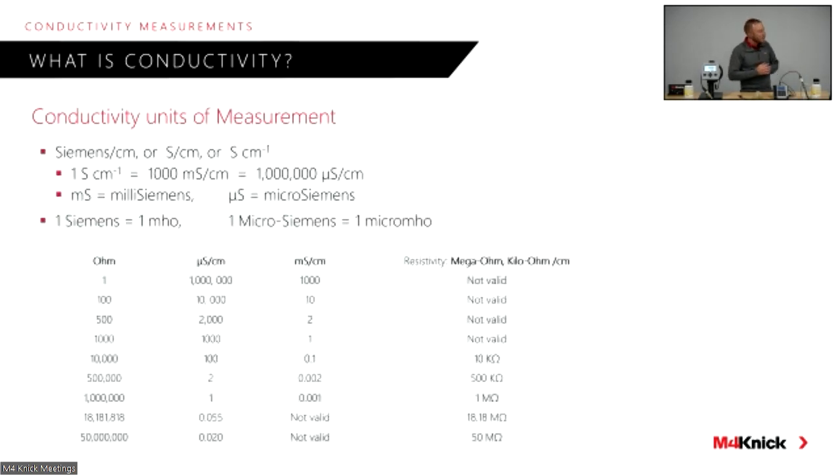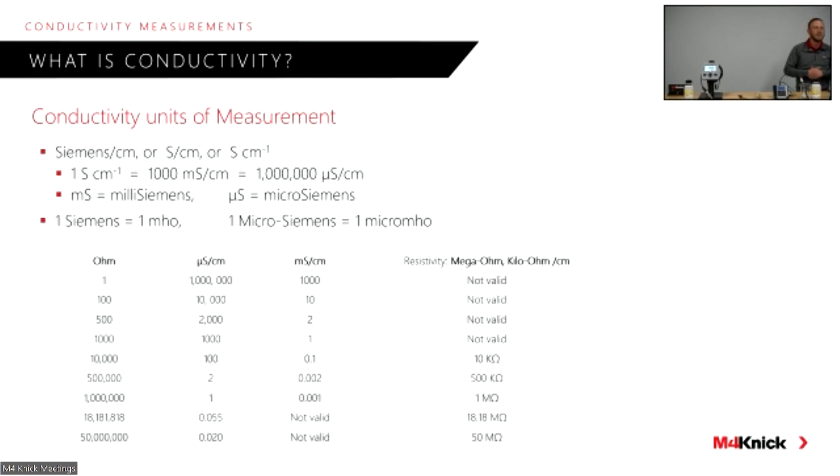Specifically, the unit of measurement when we talk about conductivity is the Siemens. When you look at conductivity measurements in your application, you'll typically see them in the range of either microsiemens or millisiemens per centimeter. That per centimeter refers to the cell constant of the electrode. But what we're talking about as a unit of measurement is in the Siemens range.